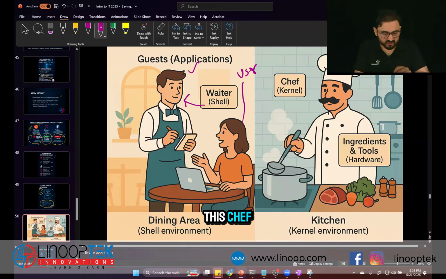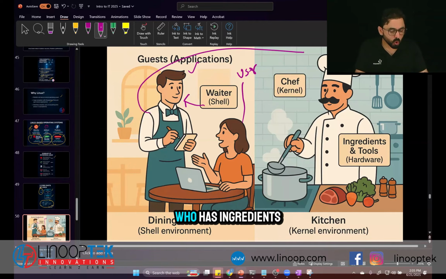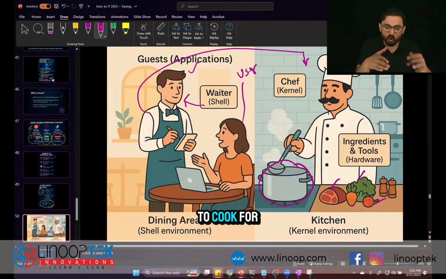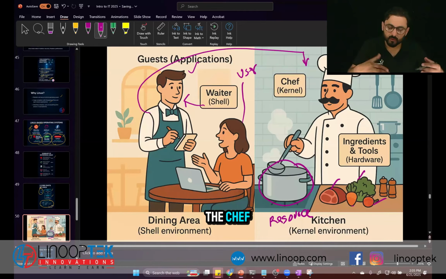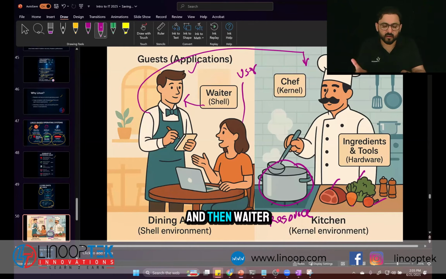And then this waiter, the shell, goes to the chef who has the vegetables, the meat, the tomatoes, all the ingredients and the hardware to cook for you what you want. All of these are called resources. Using the resources, the kernel being the chef cooks up the recipe and then the waiter brings that food to the table for you. How many of you are still confused?